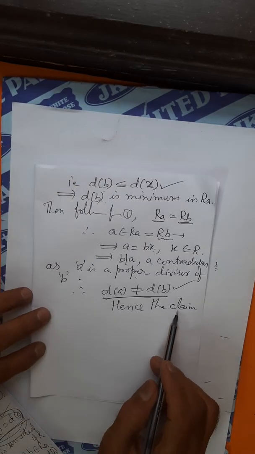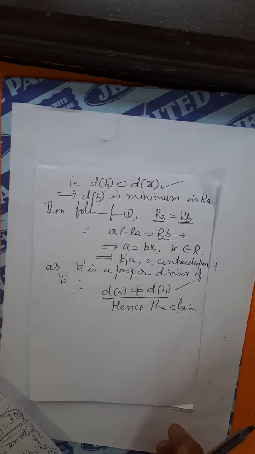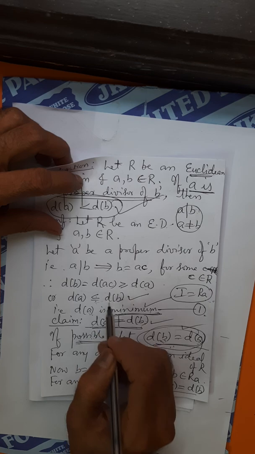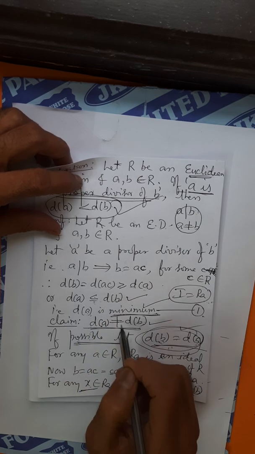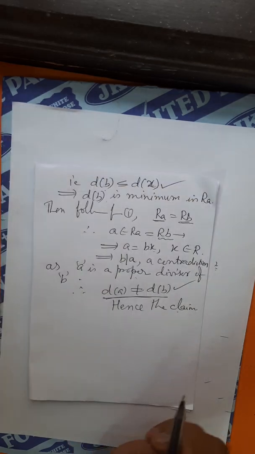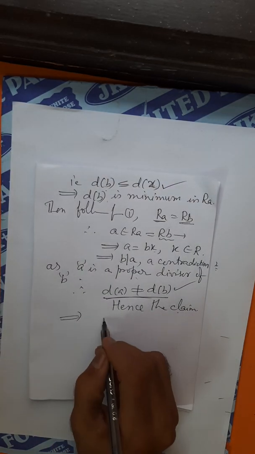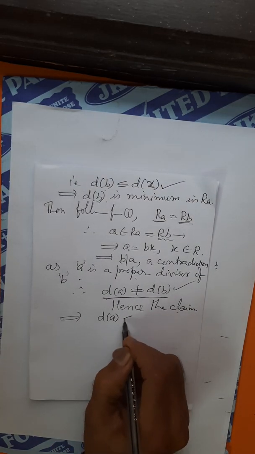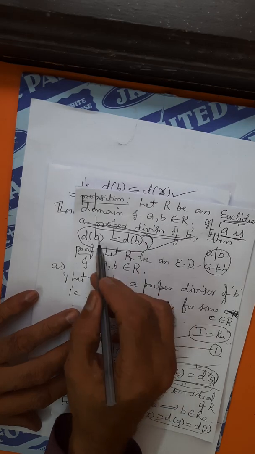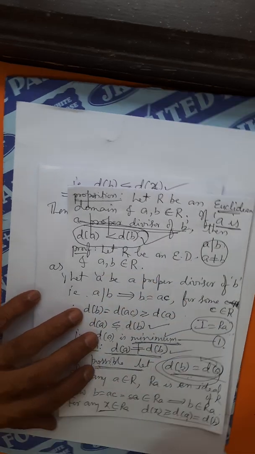So d of A is not equal to d of B. You had two choices: d of A less than or equal to d of B. Equality is ruled out, so we must take strict inequality. Hence it follows that d of A is strictly less than d of B, which we wanted to prove.